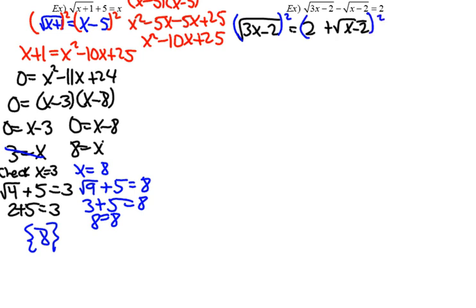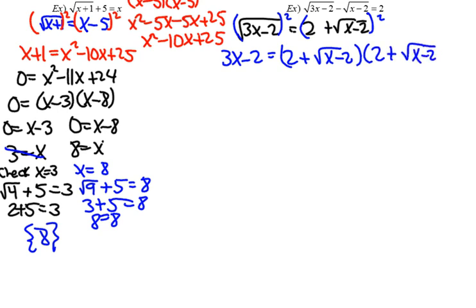On the left side, it's very easy to do. That's 3x minus 2. On the right, though, I will expand this out so that you see that we are multiplying a binomial times a binomial.